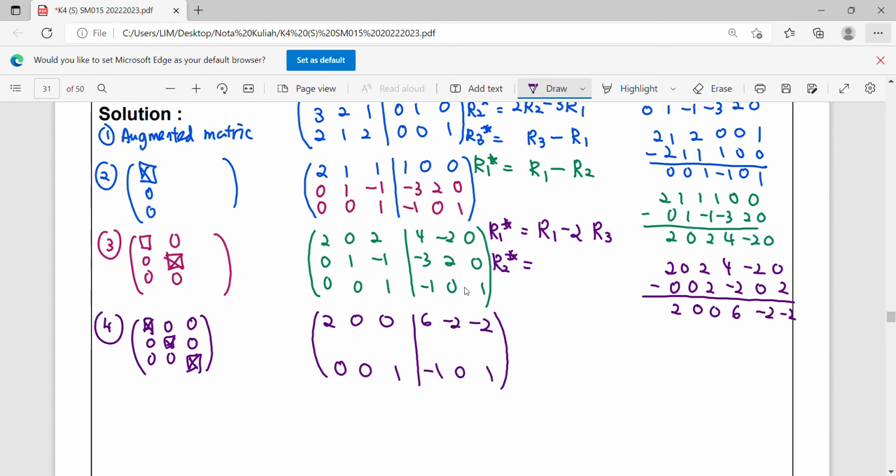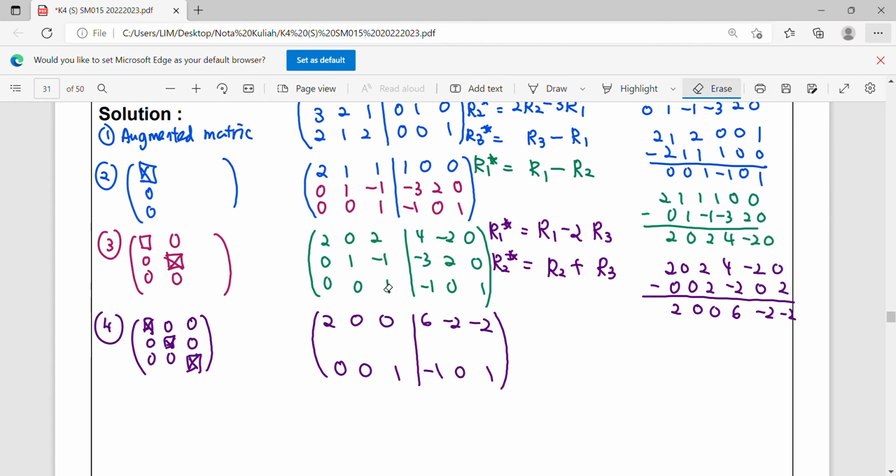Alright, then row 2 also needs to operate with row 3. So row 2 value here is -1 that you need to change. Row 3 value here is 1. They just add together enough to get 0.